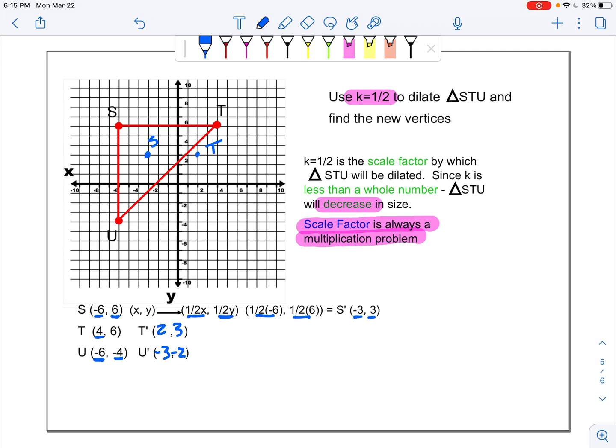Here's my t, and then I have -3, -2. It appears to have moved a little bit, but that's really only because it is straddling the axes, and so it does appear to shift a little bit, but it really hasn't. It's just a change in size.